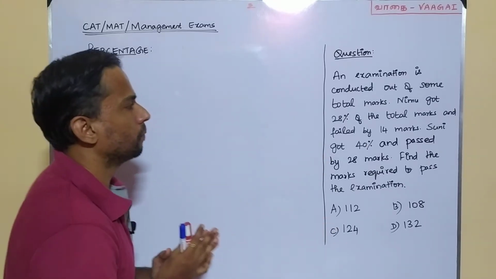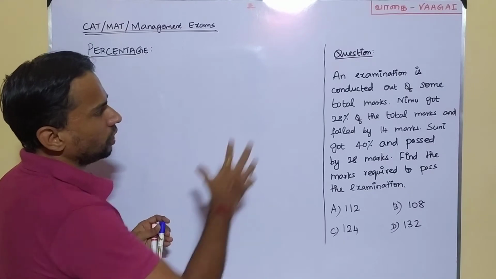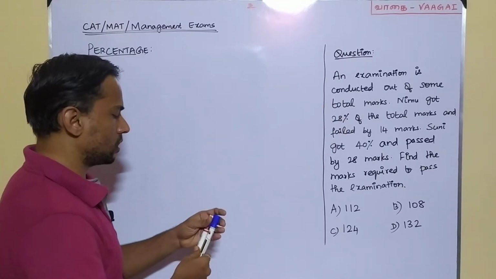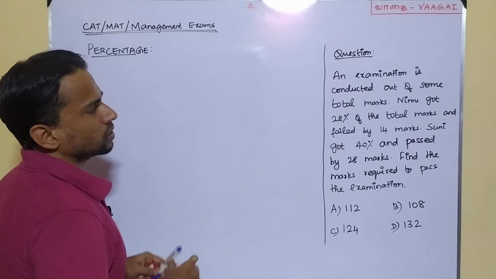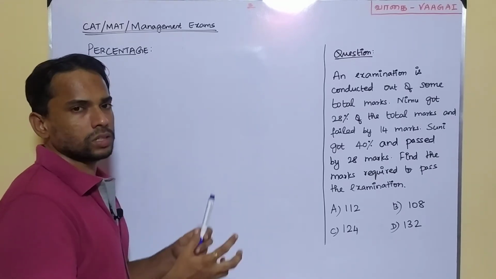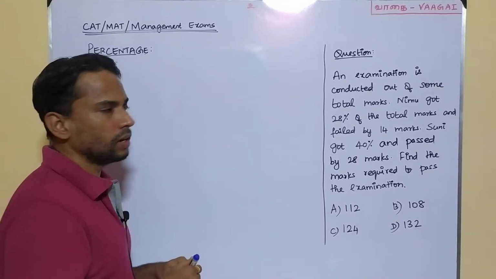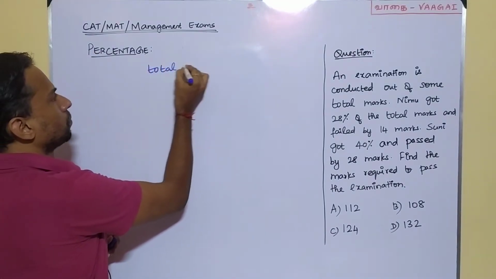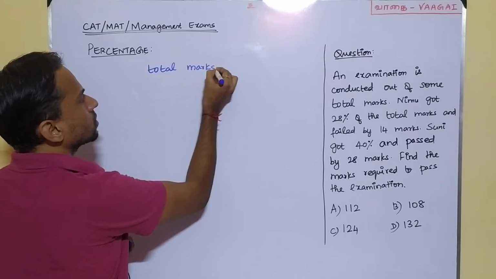First of all, let us take note of the information given in this question. There are some total marks for which this exam is conducted, and we will take that maximum marks to be some x.